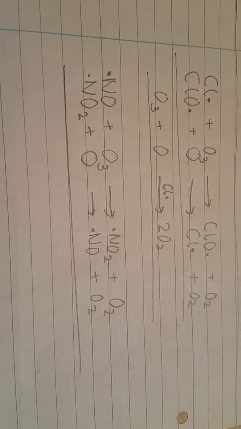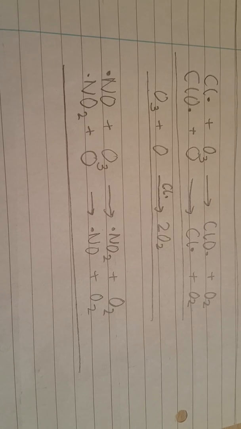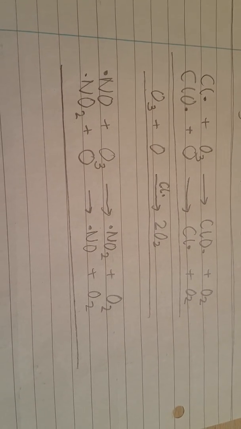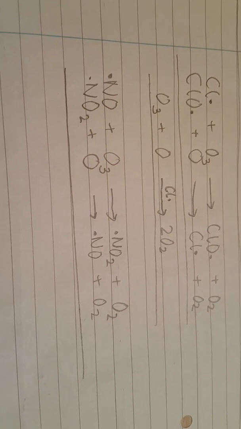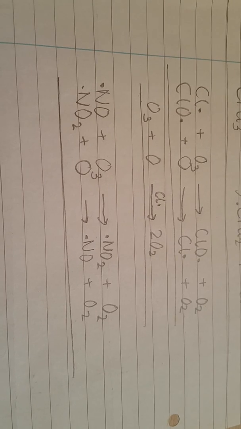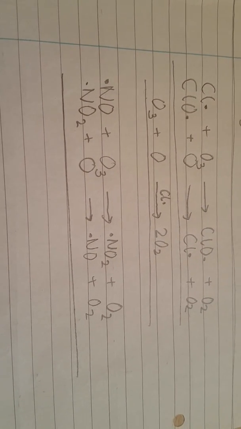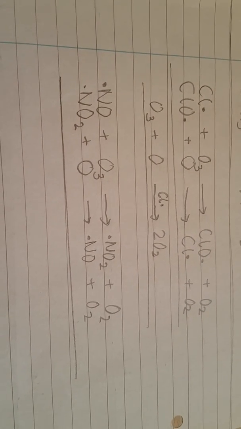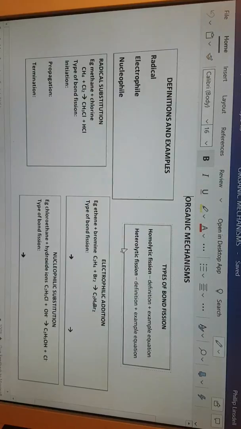What I'd like you to do is write out the two mechanisms again and write out the essential similarities that exist between mechanism 1 with the chlorine free radical and mechanism 2 with the nitrogen monoxide. If you can appreciate those essential similarities, it will make it much easier to remember the two mechanisms. Okay, have a go at that.